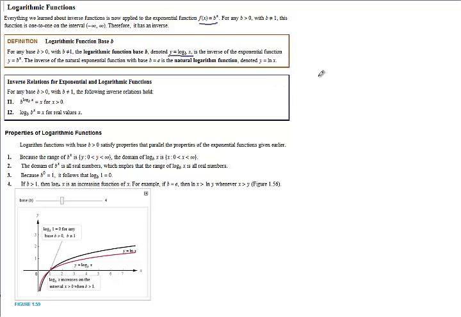So let's look at some of the properties that go along with that. And here are my inverse relationships for those logs. On the domain and range, those two are flip-flopped for the exponential and the logarithm because they are exactly inverses of each other. Along with that, the restrictions on the domain and range that we had for exponential functions follow the logarithmic functions.